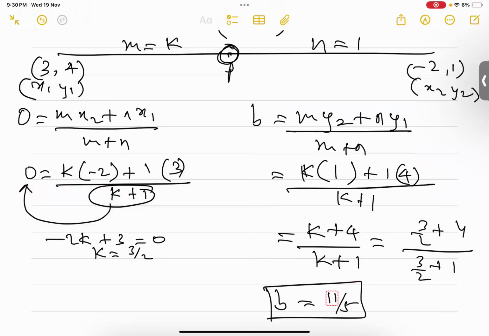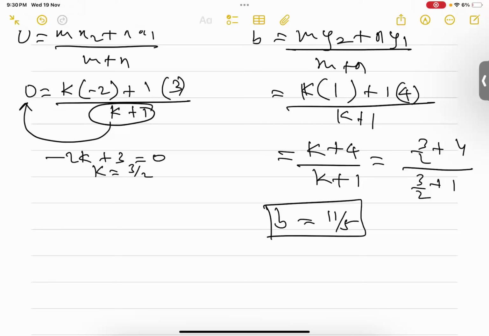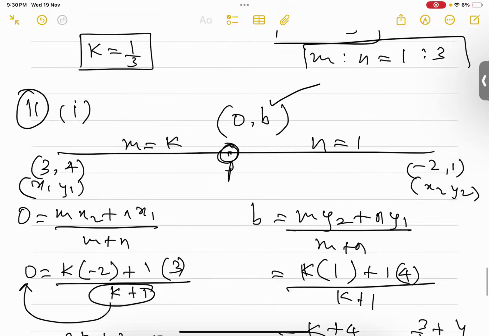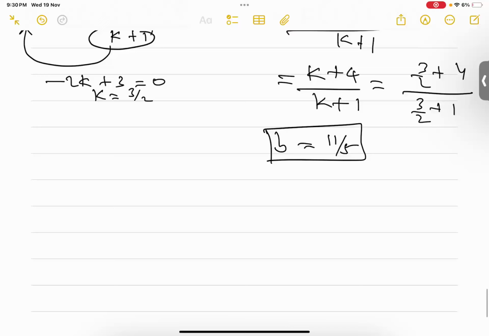And also they're asking you to find the point of division. The point of division is a comma b, where a is 0 and b we have just calculated as 11 by 5. And the ratio m is to n equal to k is to 1, because we took m as k.